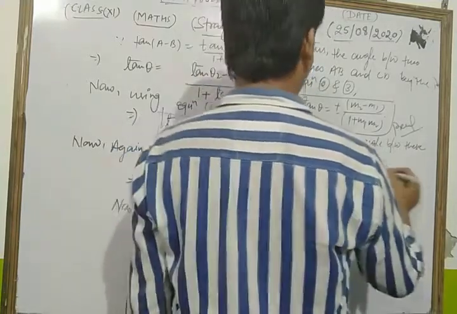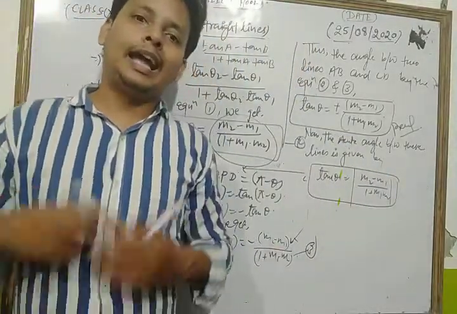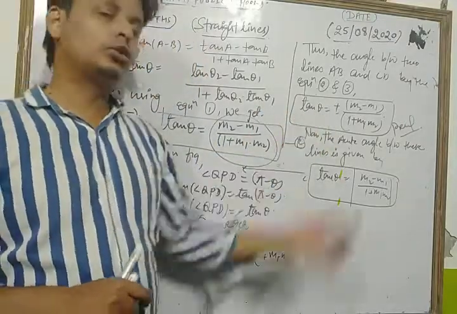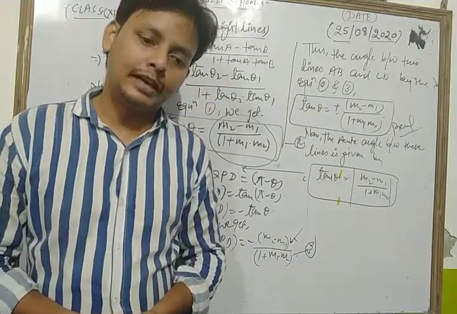So dear students, we calculate the angle between two lines using the formula tan theta is equal to mod of m2 minus m1 upon 1 plus m1 into m2.